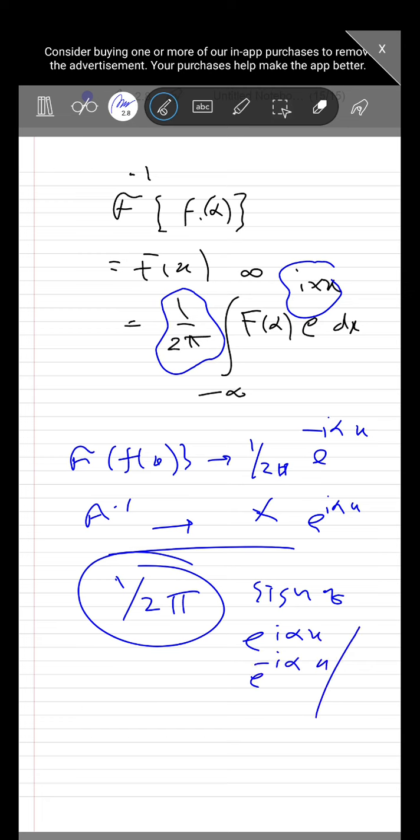These two things should be kept in mind. If it is the first case, in the opposite it will be the second. The idea is that the multiplication of the Fourier and inverse Fourier transforms will give you 1 by 2 pi in terms of the factor, and in terms of the kernel it should give you e to the power 0. This is the idea behind it.